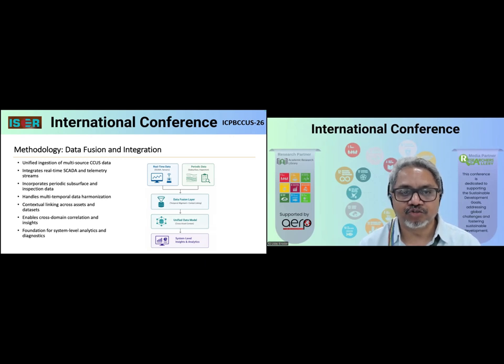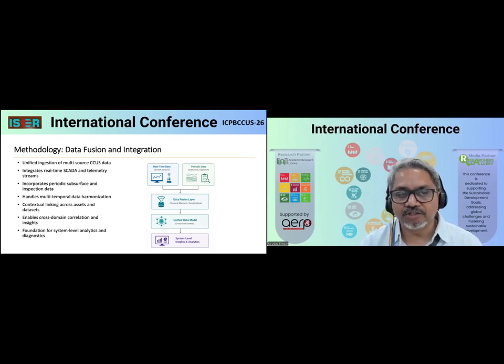And overall, the data fusion layer actually enables storing all of this data in a uniform data layer that not only allows the temporal differences that exist to be harmonized, but at the same time allows analytics to look at this harmonized data in totality, right?